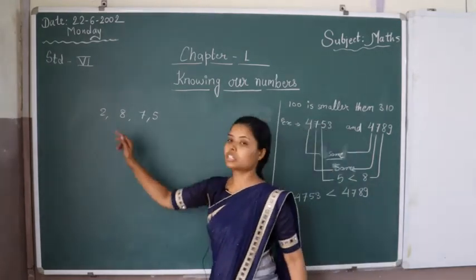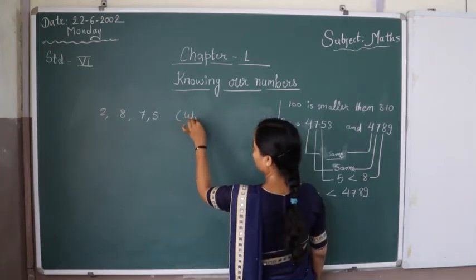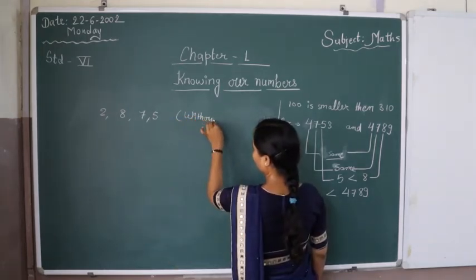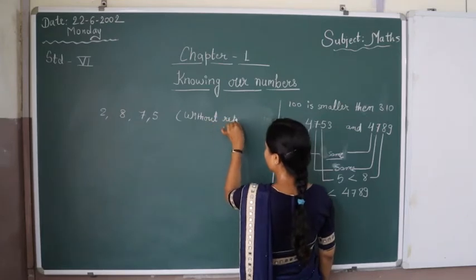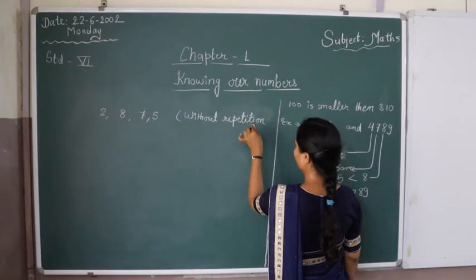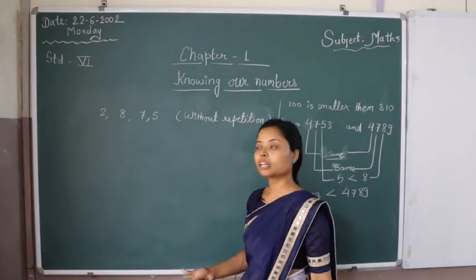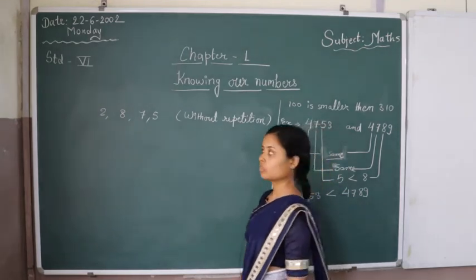With these 4 digits, without repetition, I write here without repetition, we arrange these digits and make the greatest and smallest number.